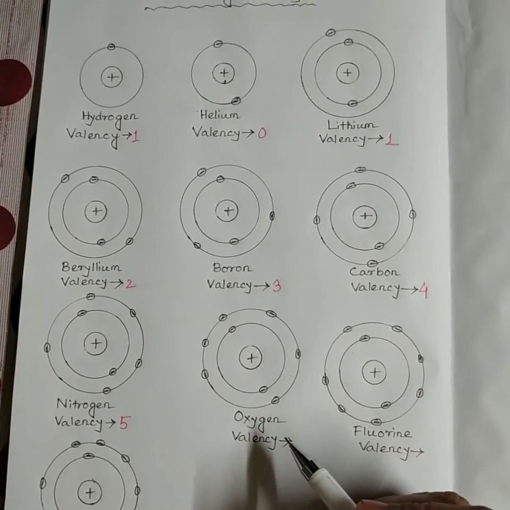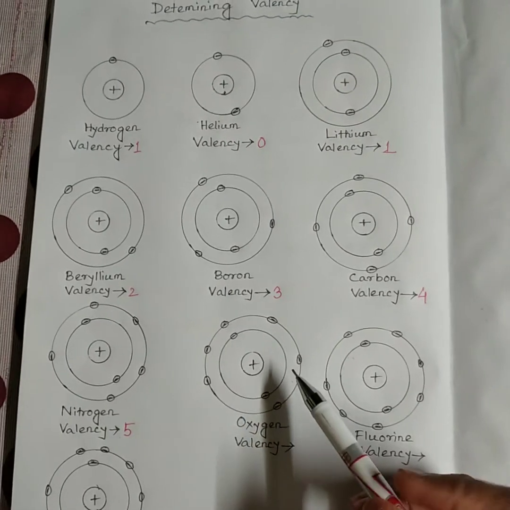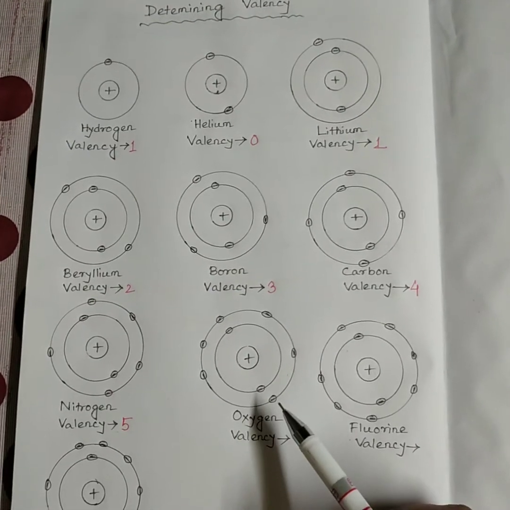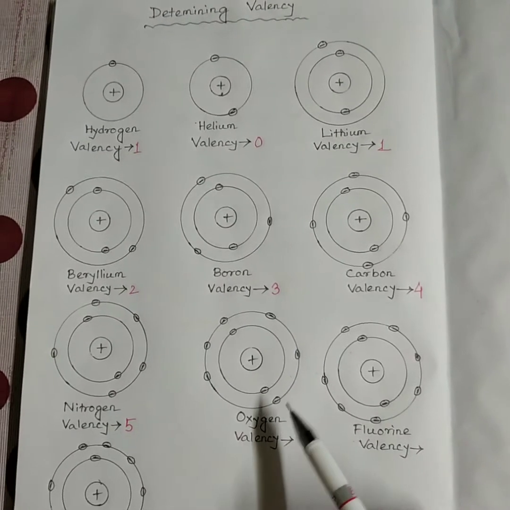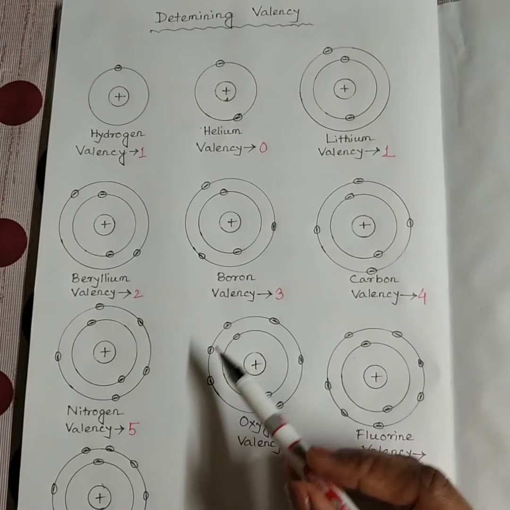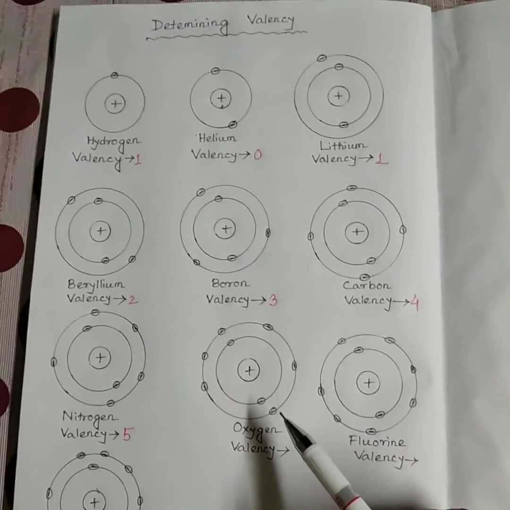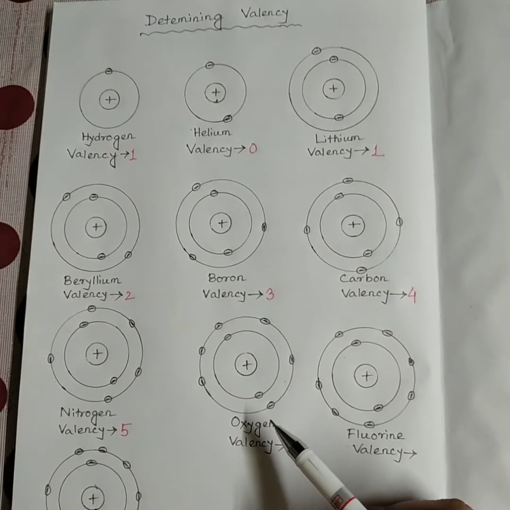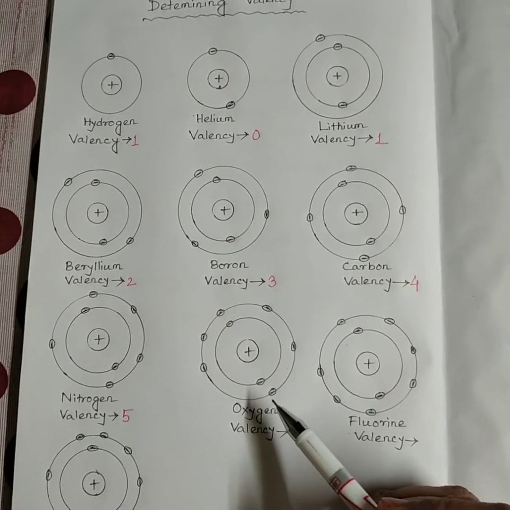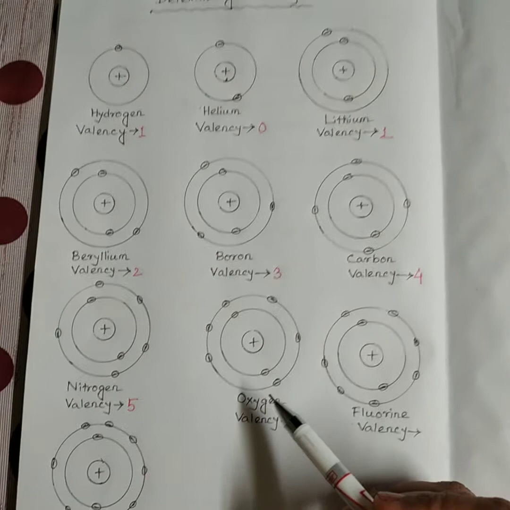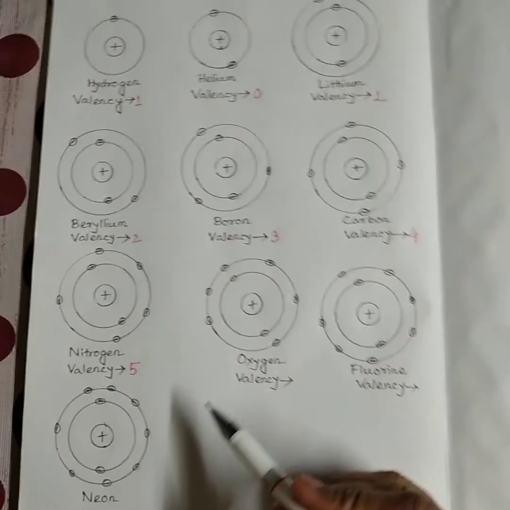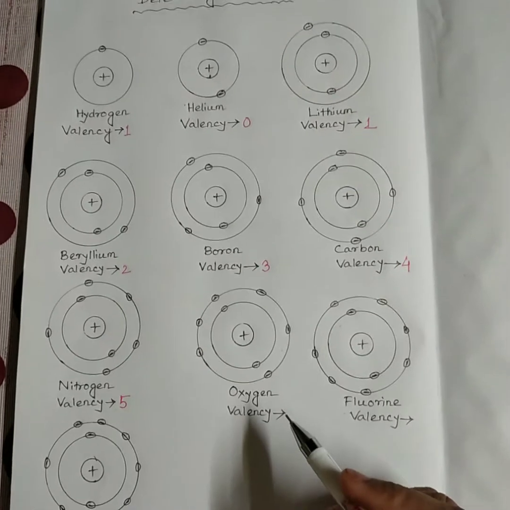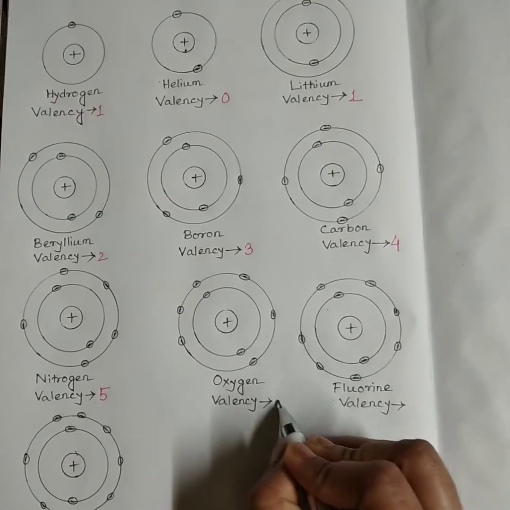For the oxygen atom, you see the number of electrons in the outermost shell is 1, 2, 3, 4, 5 and 6. So if oxygen gets another 2 electrons, it can attain the nearest inert gas configuration, that is like neon. So here the valency must be 2.